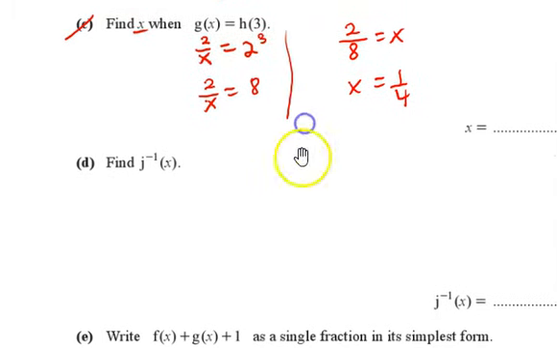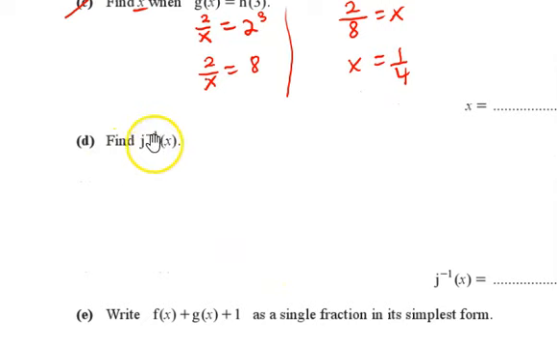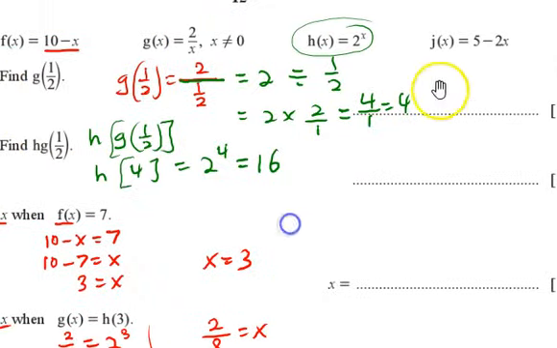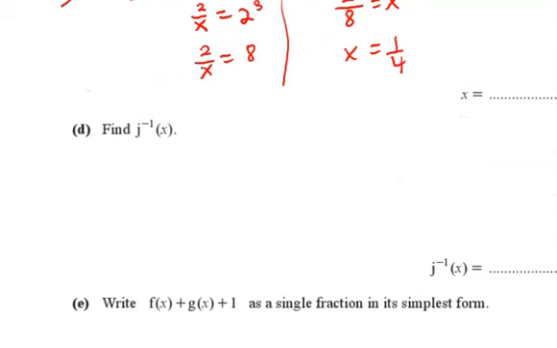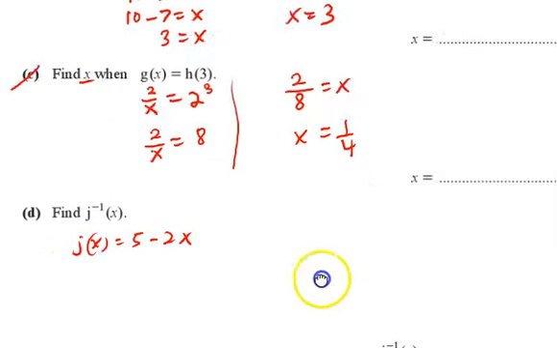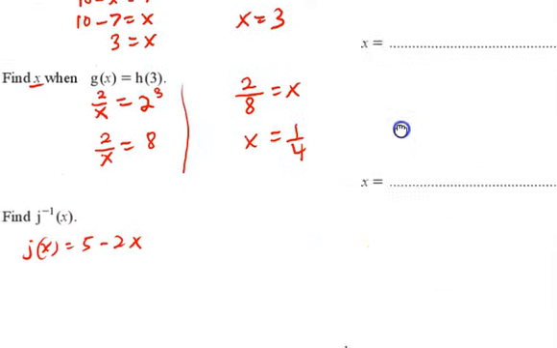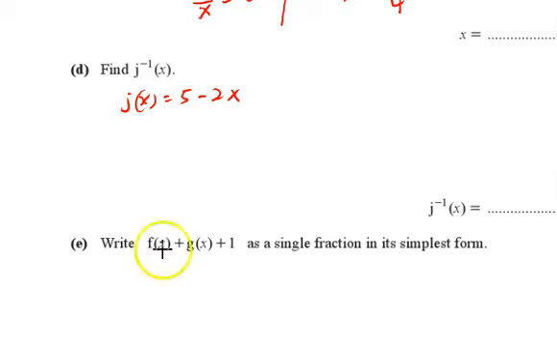Okay, now over here, find the inverse of j. So j you have 5 minus 2x. So j(x) is 5 minus 2x. Let me check it again: 5 minus 2x. Okay, you got it here. Now make it equal to y and make x the subject.